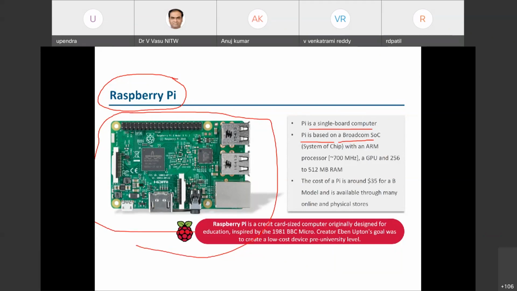Previously, when the Arduino and the Raspberry Pi were not there, you had to make your own printed circuit boards. The printed circuits had to be designed by yourself and then printed, and only then could you do the programming, the old programming used for the microcontroller.